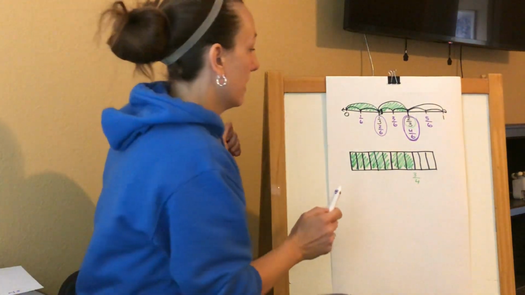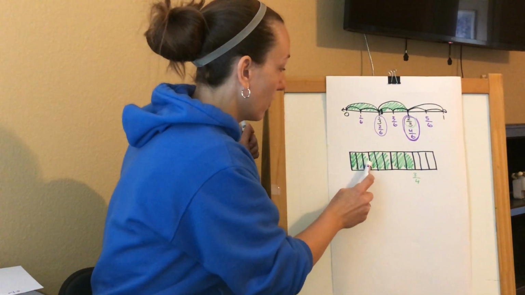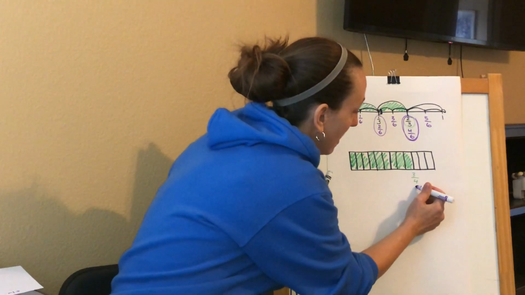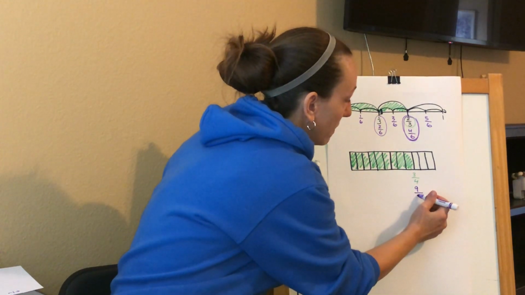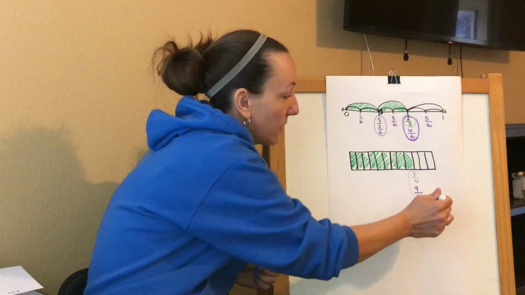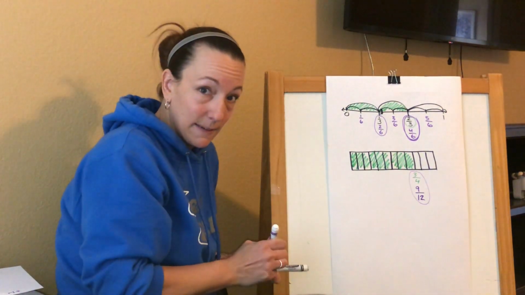Okay, so now where I had 3/4 to begin with, I've got 1, 2, 3, 4, 5, 6, 7, 8, 9 out of 12 total pieces. So we could also say that 3/4 is equivalent to 9/12. Okay, does that make sense?